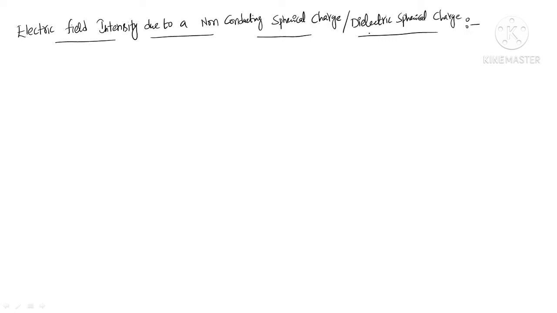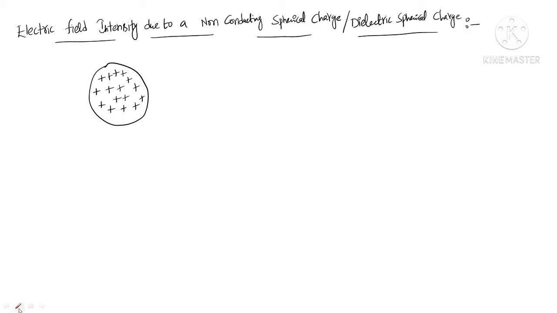So in this class, firstly we find the electric field intensity due to a non-conducting spherical charge. Let us see how it looks. This is a sphere on which the charge is uniformly distributed over the entire volume.